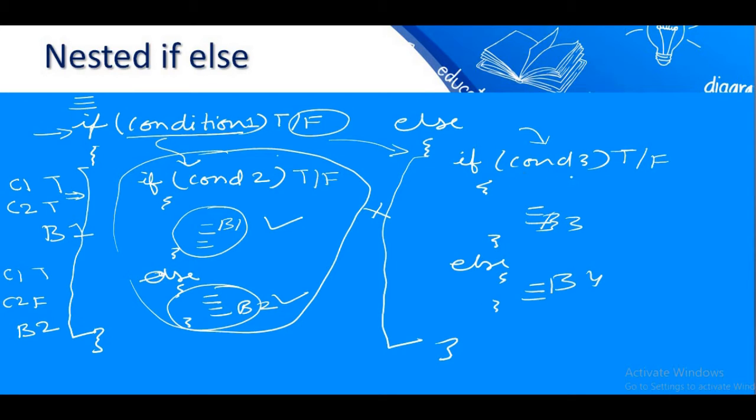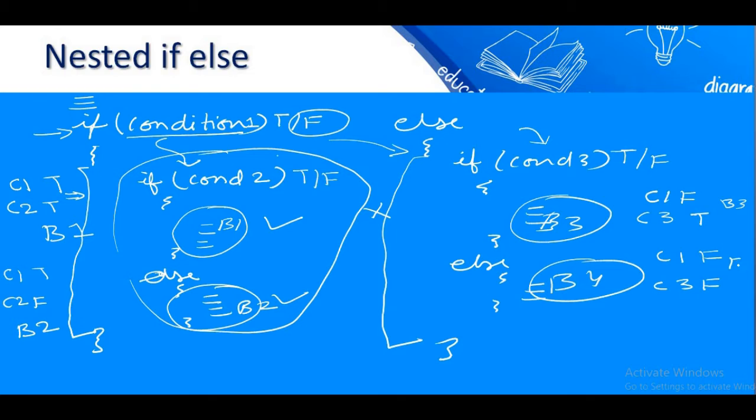If the condition is true, then block 3 will be executed. If the condition is false, then block 4 will be executed. Again we can summarize it like this: suppose condition 1 is false and condition 3 is true, then block 3 will be executed. If condition 1 is false while condition 3 is also false, then block 4 will be executed.